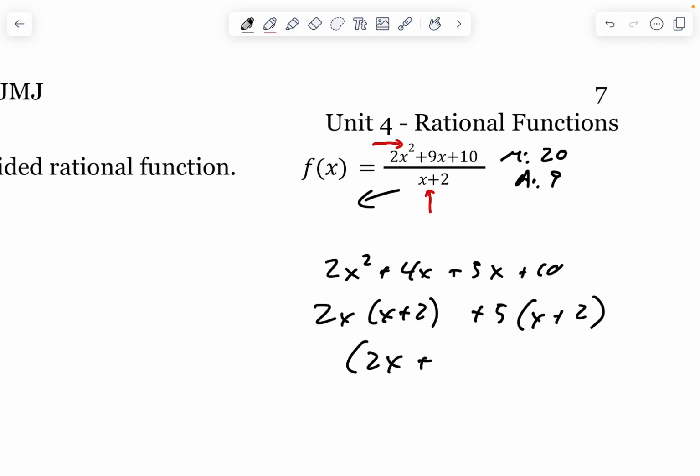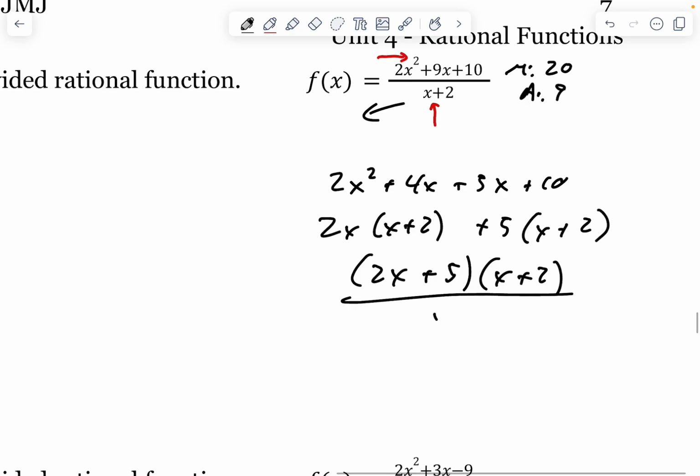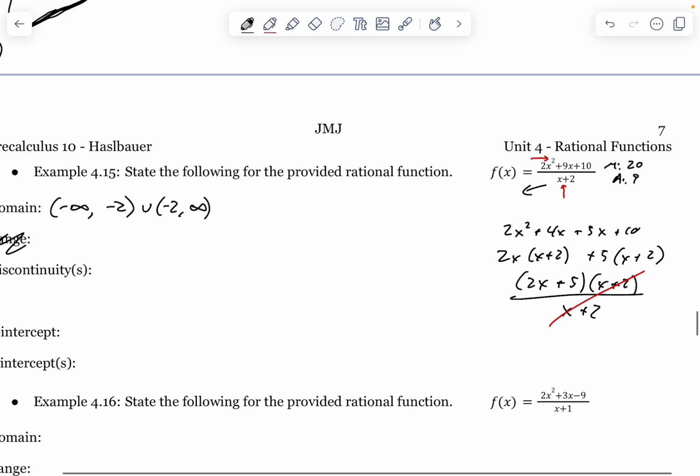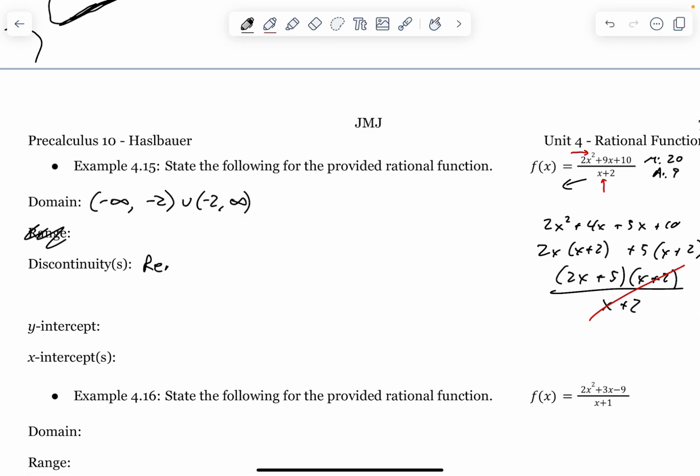So I have 2x plus 5, x plus 2, all over my x plus 2. I factored the numerator and I'm left with the denominator. I'm able to cancel that x plus 2. How nice. That means I have a removable discontinuity at x equals -2.